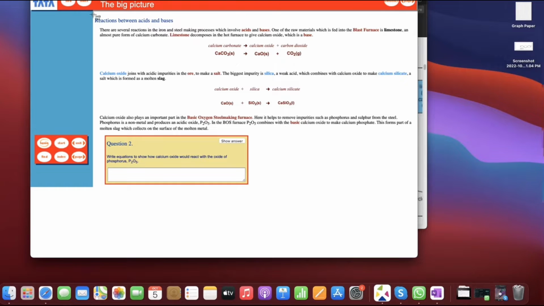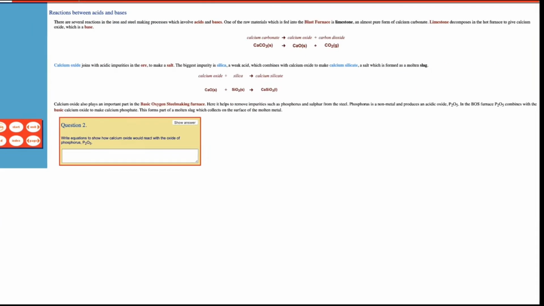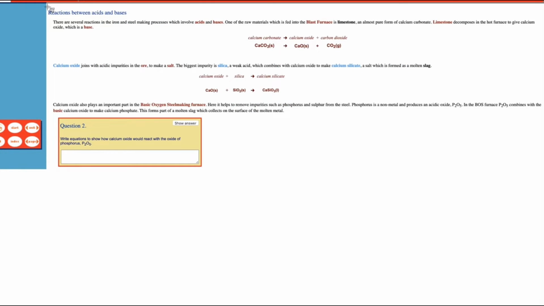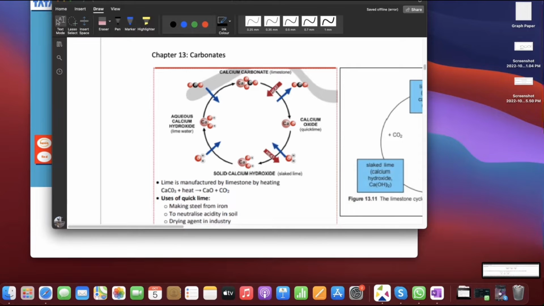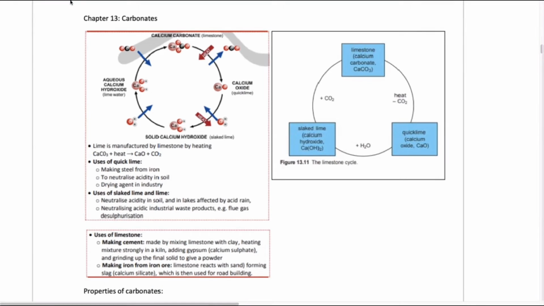Maybe I will screenshot this and put it at the side so that you can always refer back to the explanation on the usage of calcium oxide in steel making.